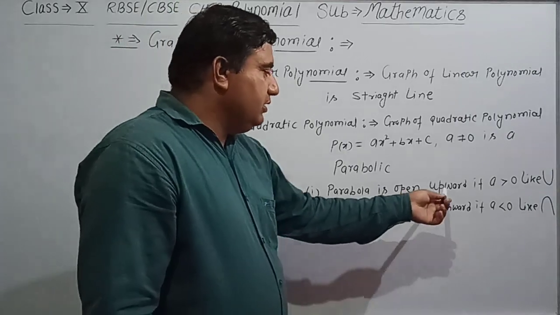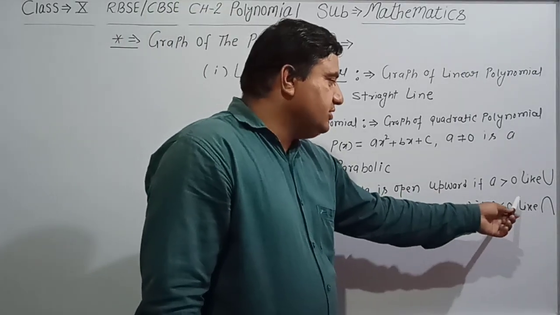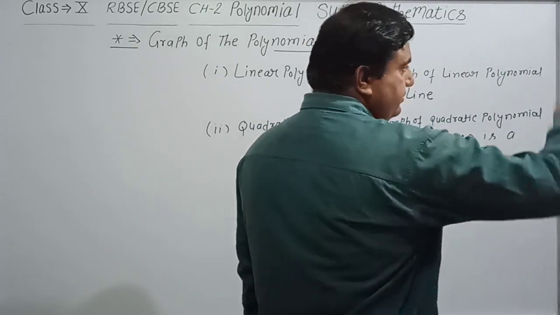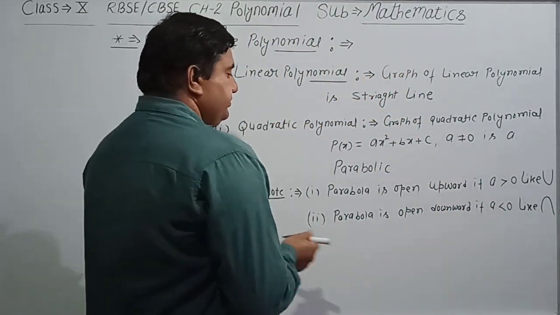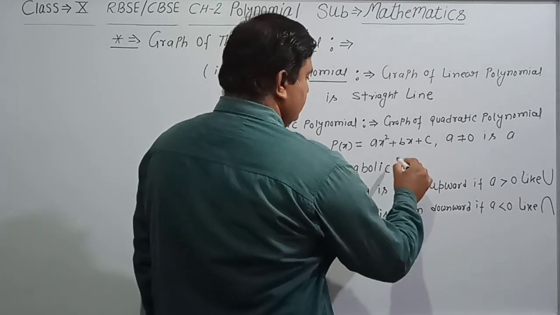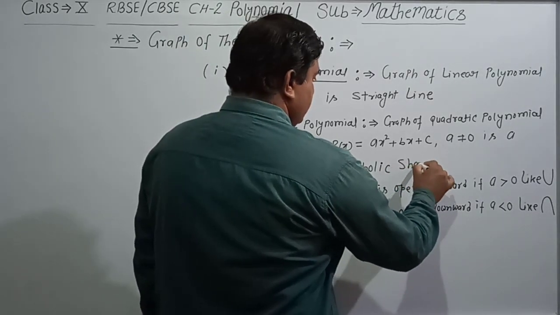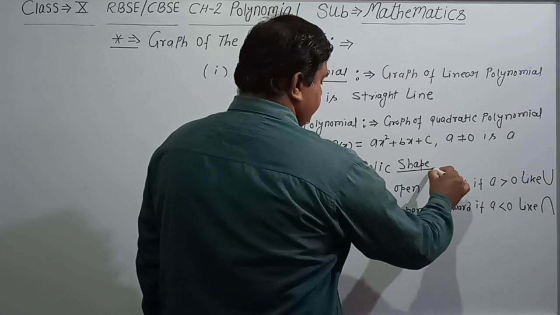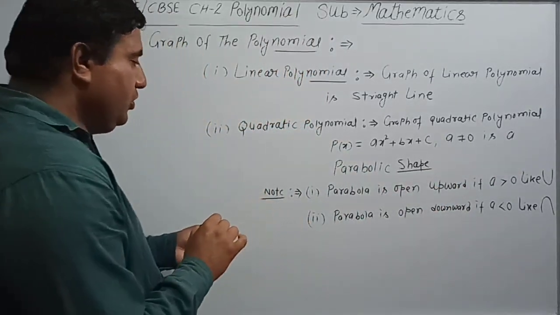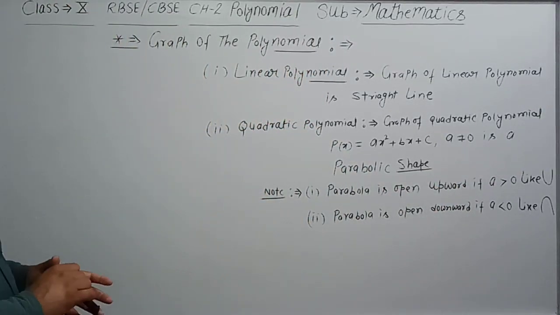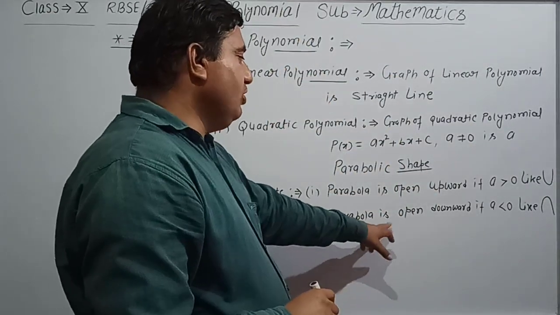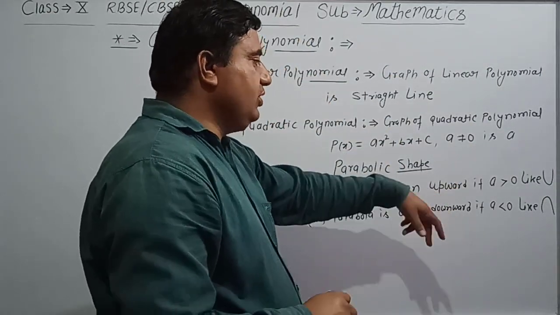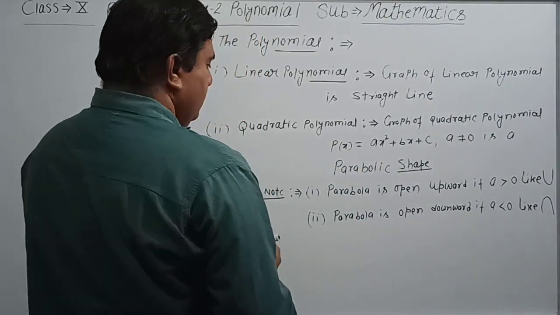Parabola is open downward if a less than 0, like this parabolic shape.